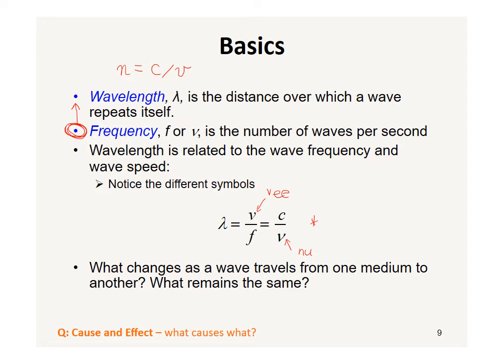You can use v for velocity or c for the velocity of light in vacuum, and you can use f for frequency or you can use nu for frequency. The most confusing thing would be if you wrote v over nu. It would be really hard to figure out, but just be aware, okay? I'll try and use f because I think it's clearer.